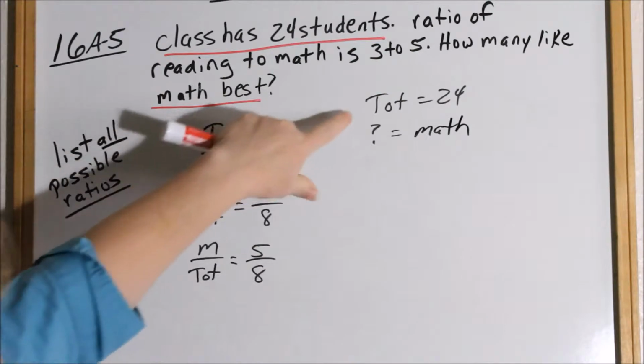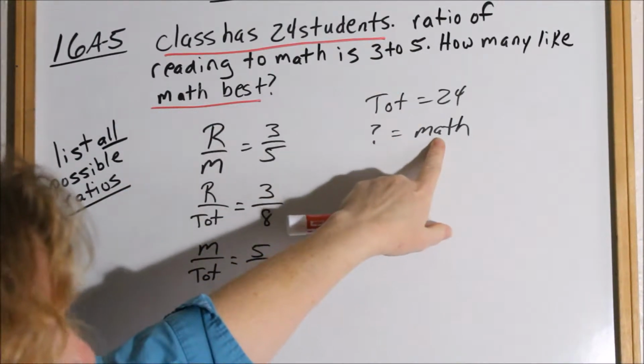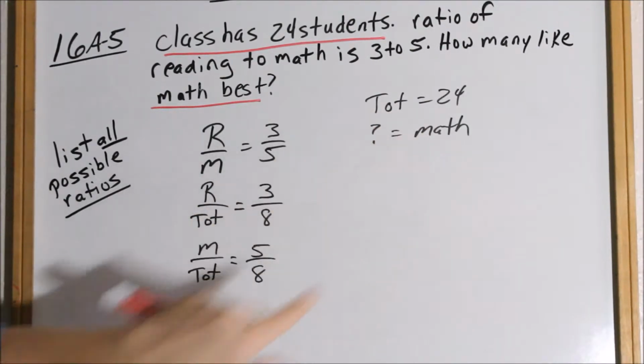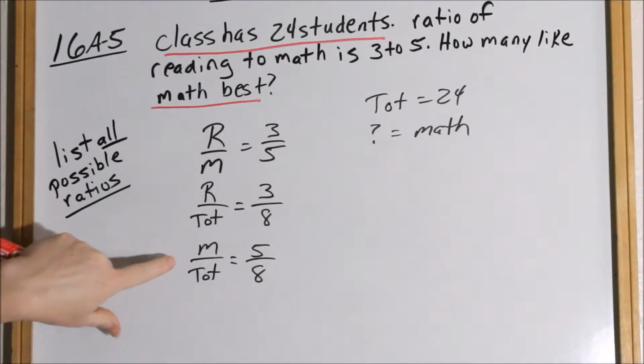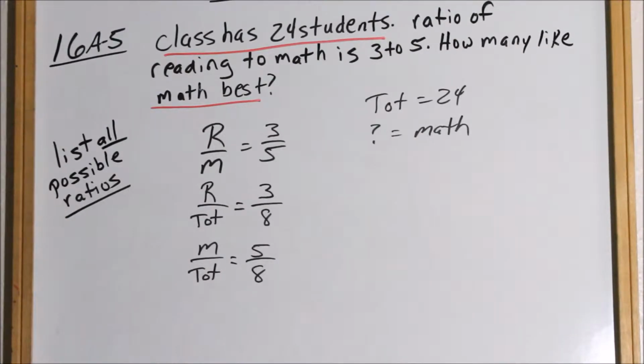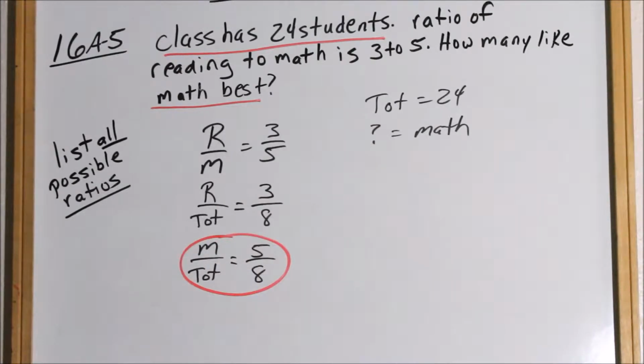So since we are given a total and we want to know math, you come over here to the ratio that deals with total and math. The one that deals with total and math is this one, math and total. Okay, so this is the ratio that we're going to use to help solve this problem.